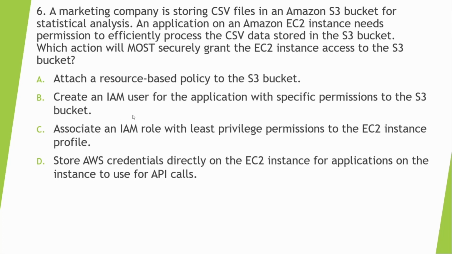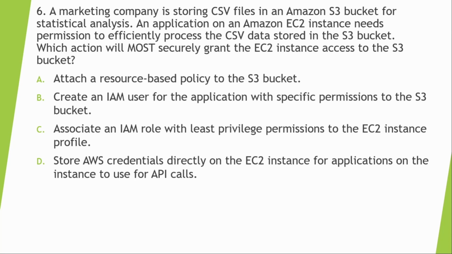Creating a separate user only for this reason does not make sense. Then storing AWS credentials directly on the EC2 instance for applications to use for API calls. Credentials directly is a big no, as you know, AWS security will be at risk.